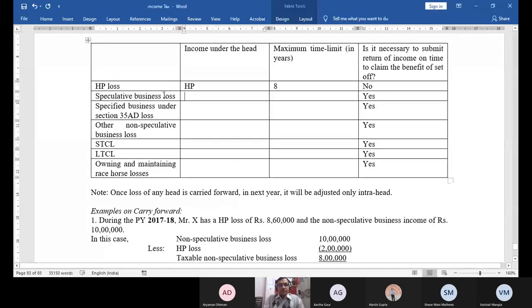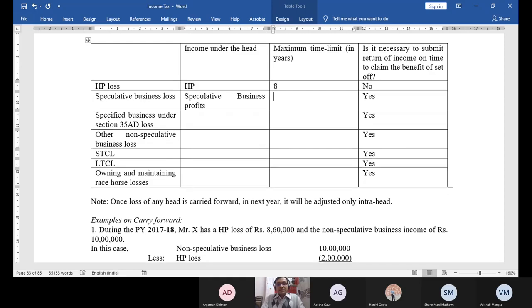Now, speculative business loss. It will be under PGBP, of course, because I told you once it is carried forward, any loss will remain in the same head. But even within the same head, it is allowed to be adjusted only against speculative business profits. Maximum limit 4 years.